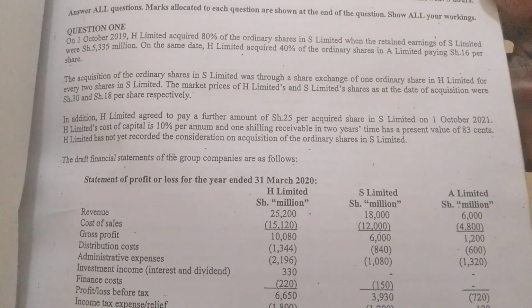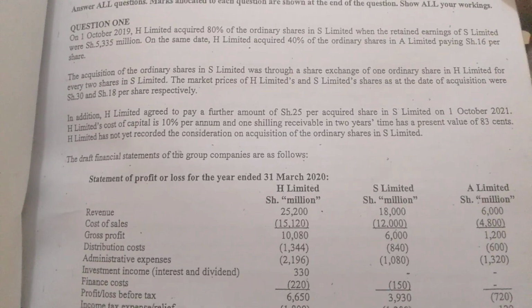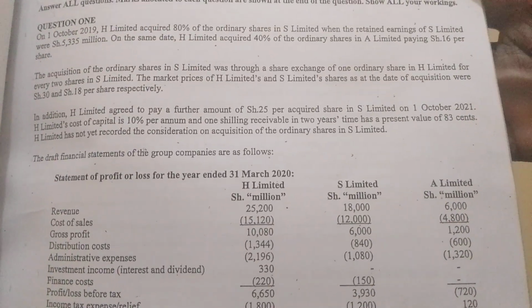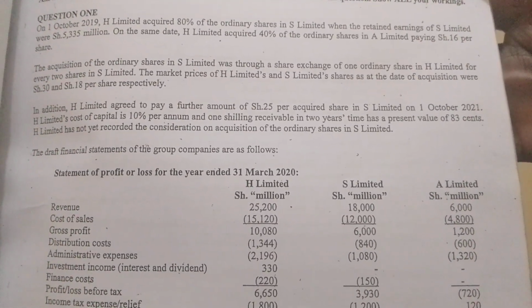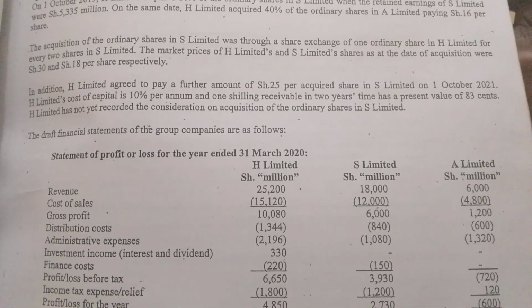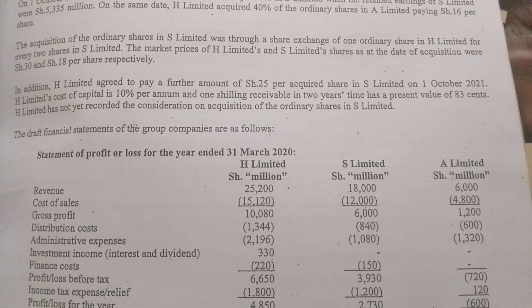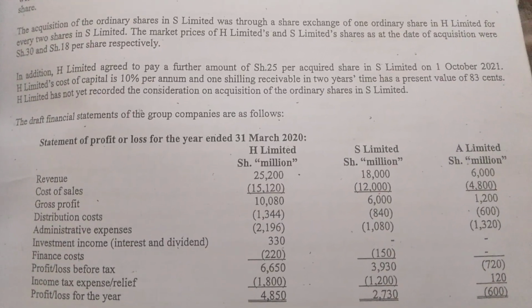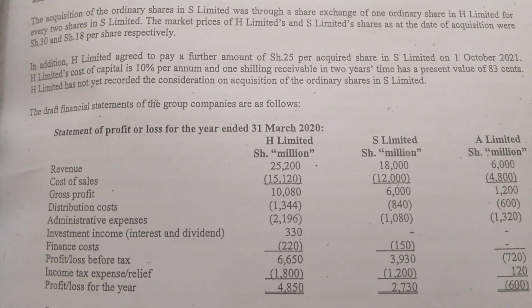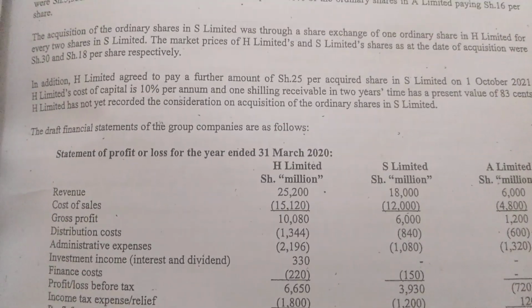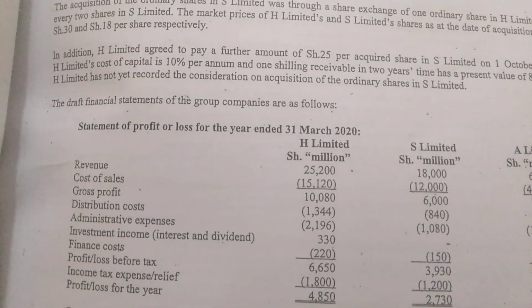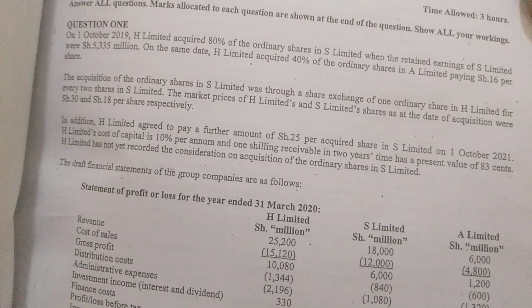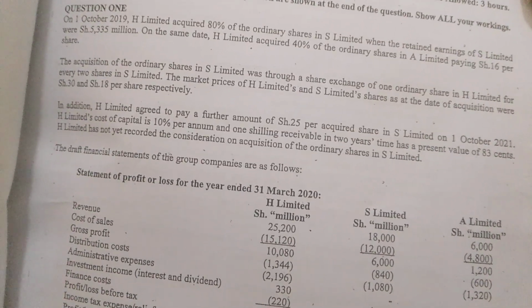So we are told the acquisition of the ordinary shares in S Limited was through a share exchange of one ordinary share in H Limited for every 2 shares in S. The market prices of H Limited and S Limited shares as at the date of acquisition were shillings 30 and shillings 18 per share respectively. Now, can you check that point and tell me how much we are going to pay?